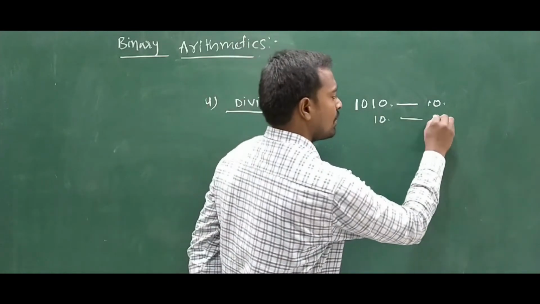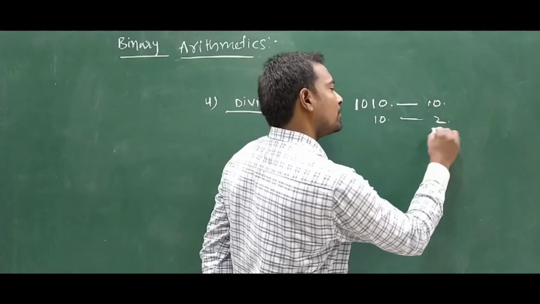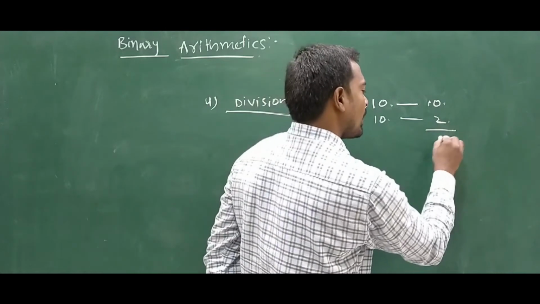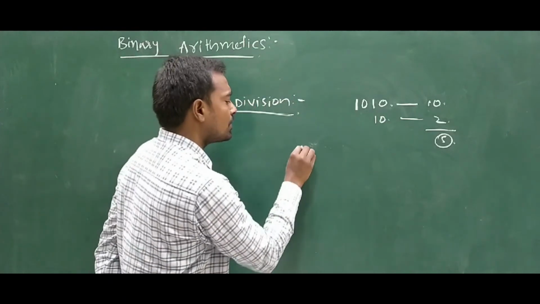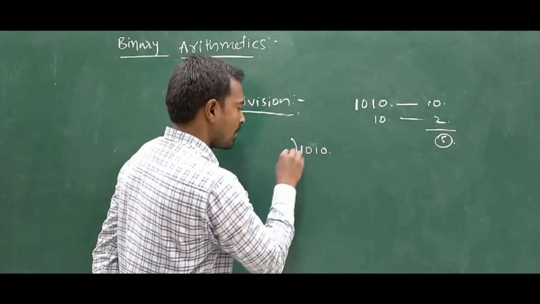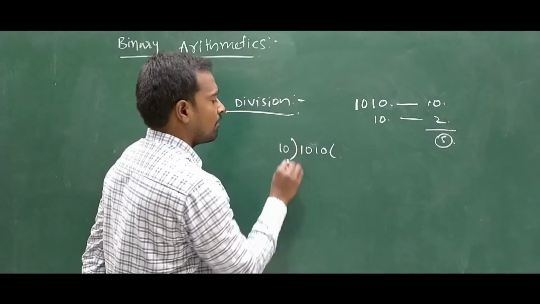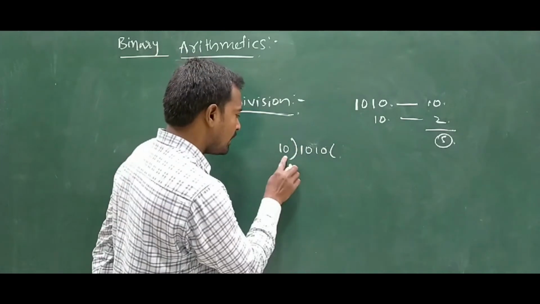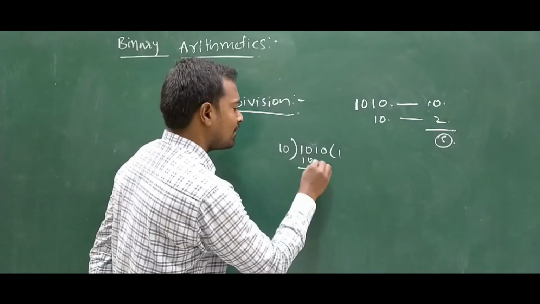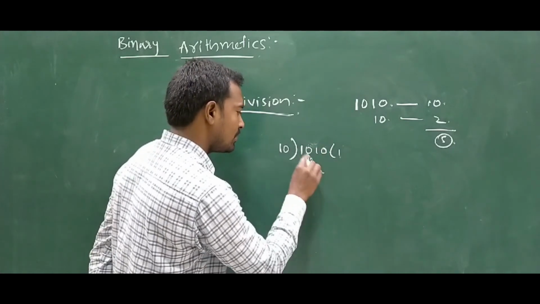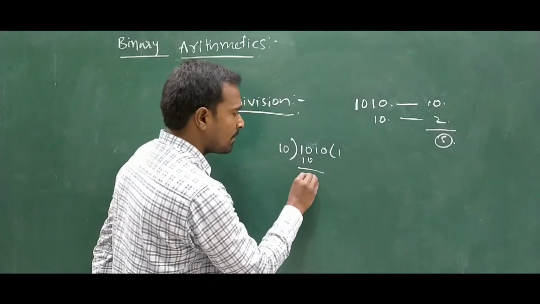So 10 by 2 is equal to, we have to get the value 5, and here I am performing the division of 1010 divided by 10. Okay, 1010, here 10, and we will get 0 minus 0 is equal to 0, and 1 minus 1 is equal to 0.